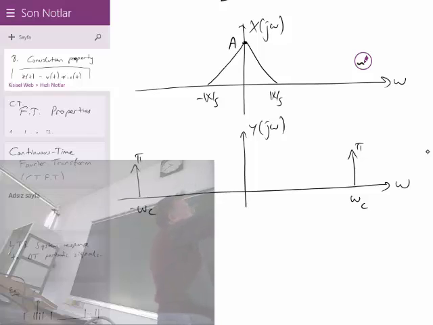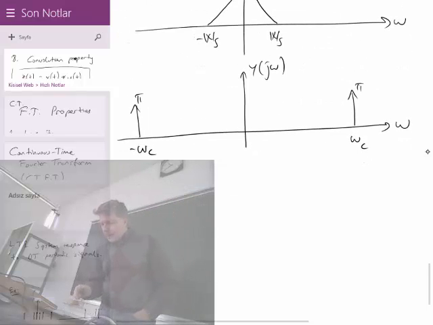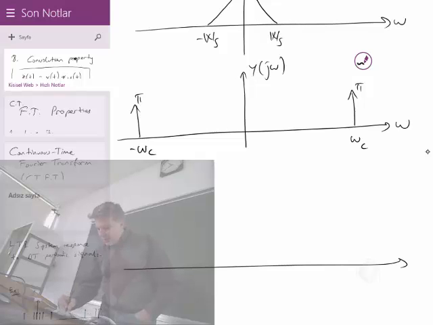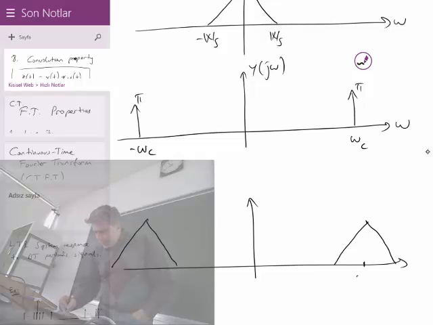The baseband triangular shape will move to around omega c, and it will move to around minus omega c. And it will be like this. What will be the peak? Pi times A divided by 2 pi. It will be A over 2.